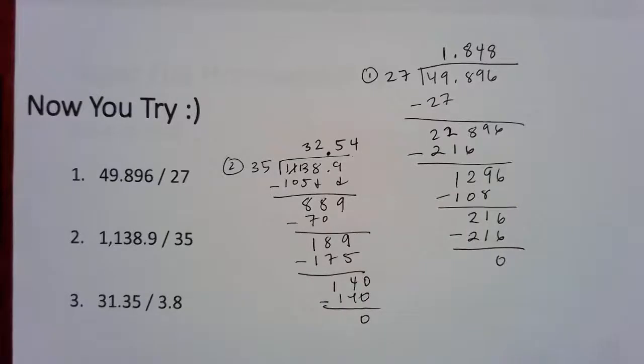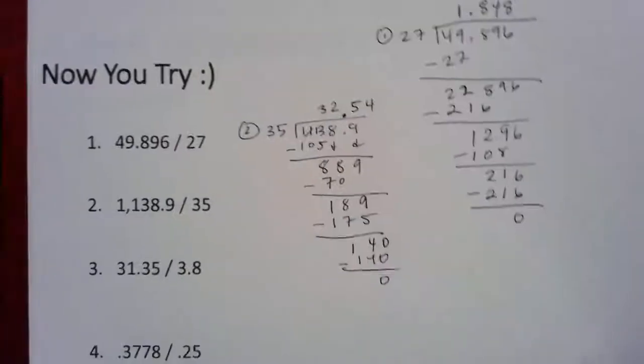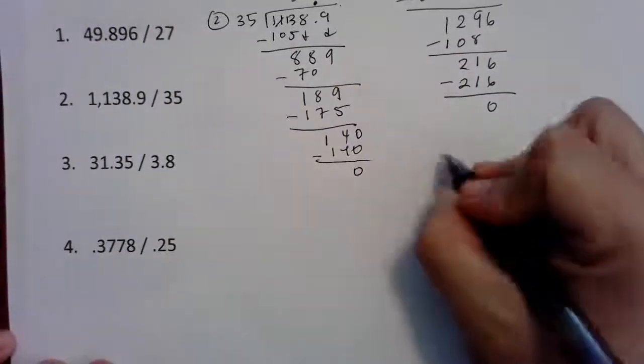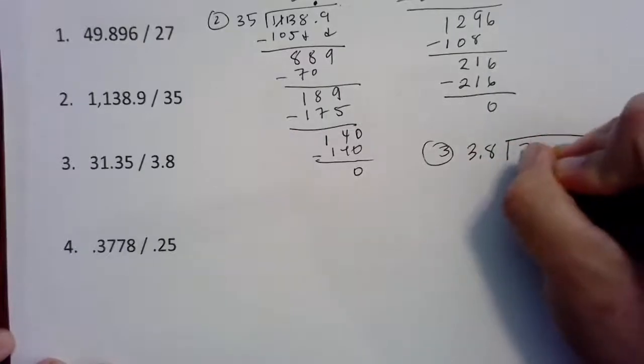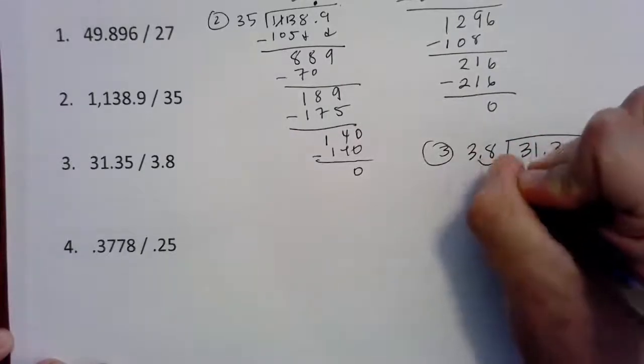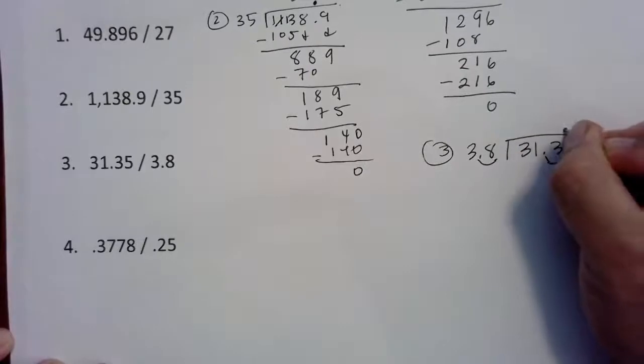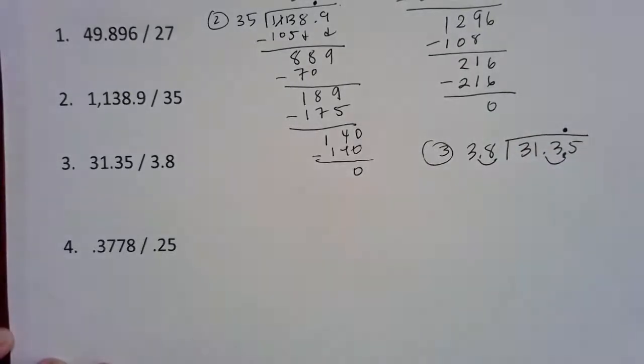Okay, and then for the third one, the only difference is, so let's move this over. For number 3, we have 3.8 goes into 31.35. Move over 1, move over 1. Bring up the decimal, okay? So then how many times does 38 go into 313? I'm gonna take a guess, and I'm gonna say 8 times.